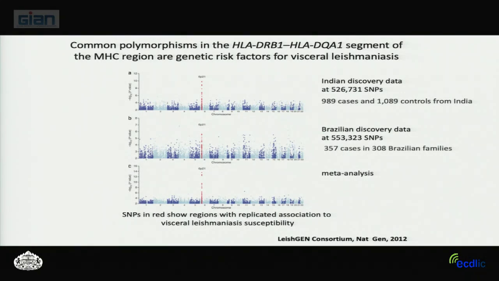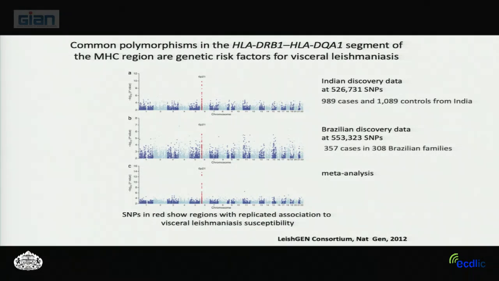So it suggests that there is a restricted set of Leishmania peptides that are loaded onto this HLA molecule that, when that occurs, these individuals don't develop a protective response, but instead develop susceptibility.